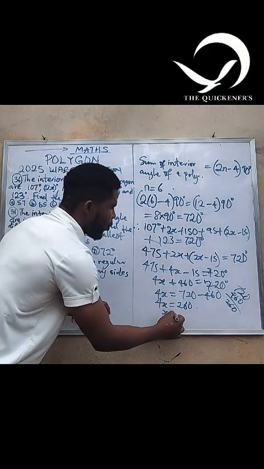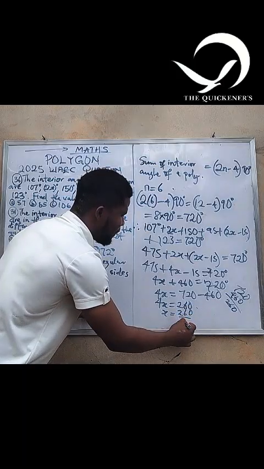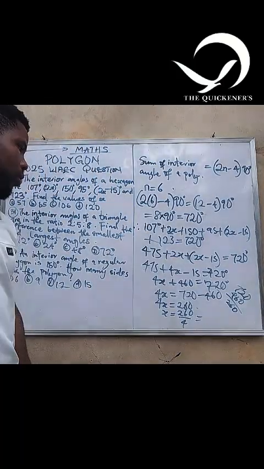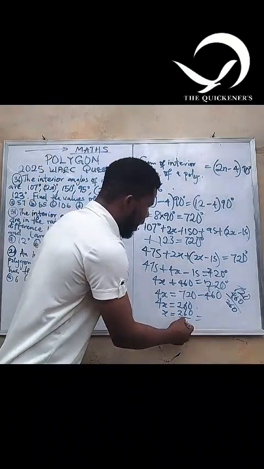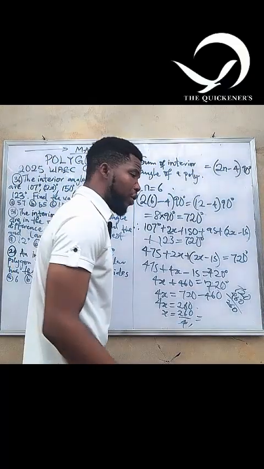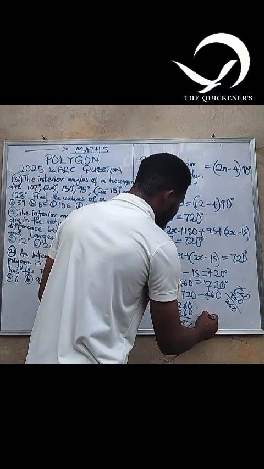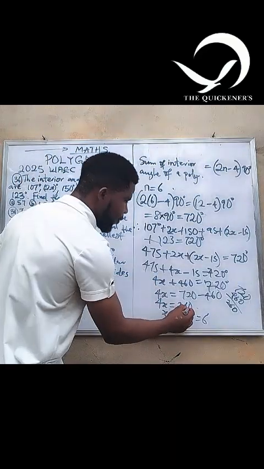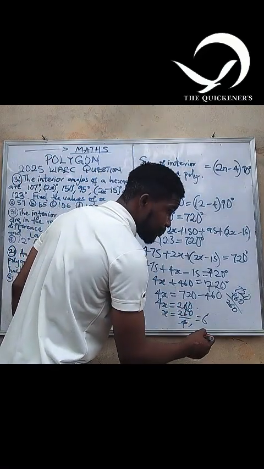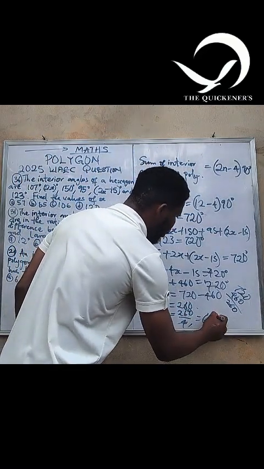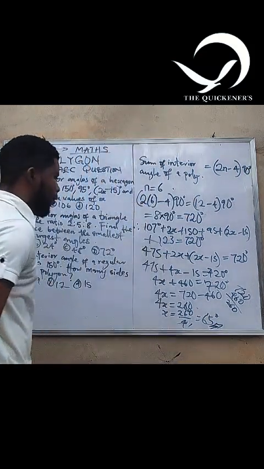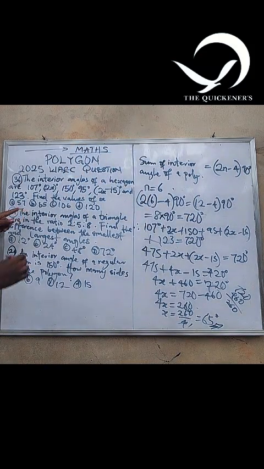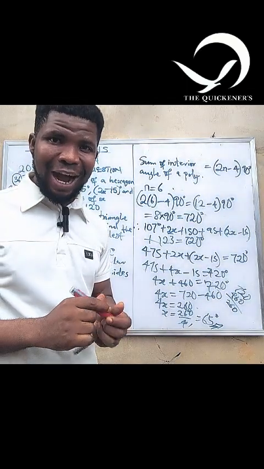So x equal to 260 divided by 4. 4 into 26 is 6, remainder 2. 4 into 20 is 5. So the value for x is 65. That will be option B. Did you see that? Option B is the correct answer, right? I hope you understand that.